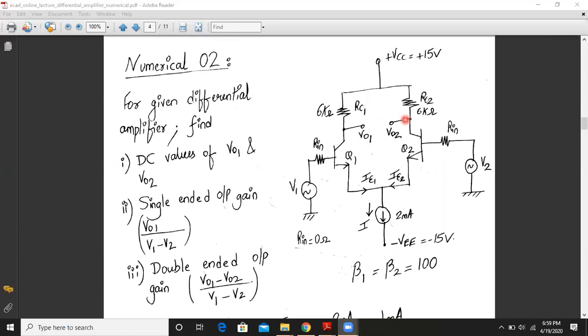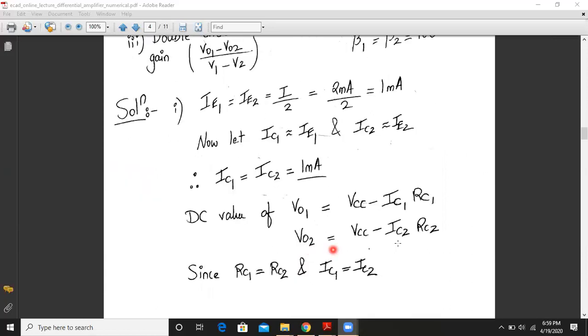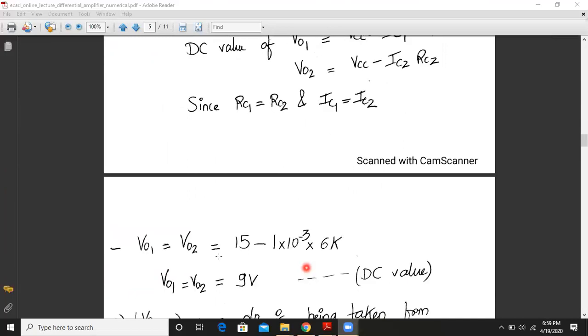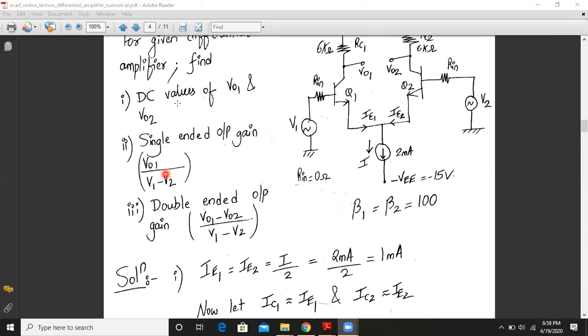Now here RC1 and RC2 are same, IC1 and IC2 are same, hence we can write the DC value of VO1 and VO2 is equal to VCC minus ICRC. VCC is 15, IC is 1 milliampere, and RC is 6K. If you work it out, you will get VO1 and VO2 equal to 9 volts. So that's the answer to the question, the DC value of VO1 and VO2. Now we'll move on to the next topic.